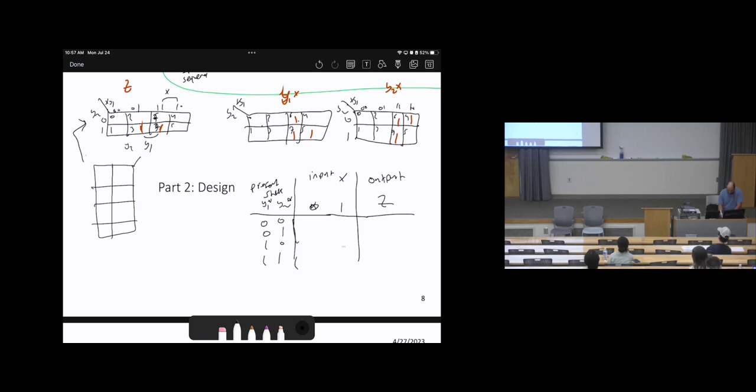Here will be Y2, here will be X, Y1. Or actually, I think we need to make it the other way, which is this way. X, Y1. Here is Y2. So the counting will be like this: 0, 1, 2, 3, 4, 5, 6, 7.